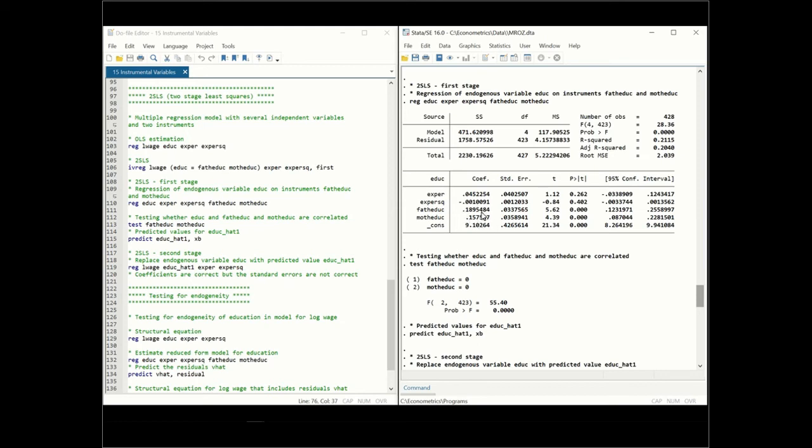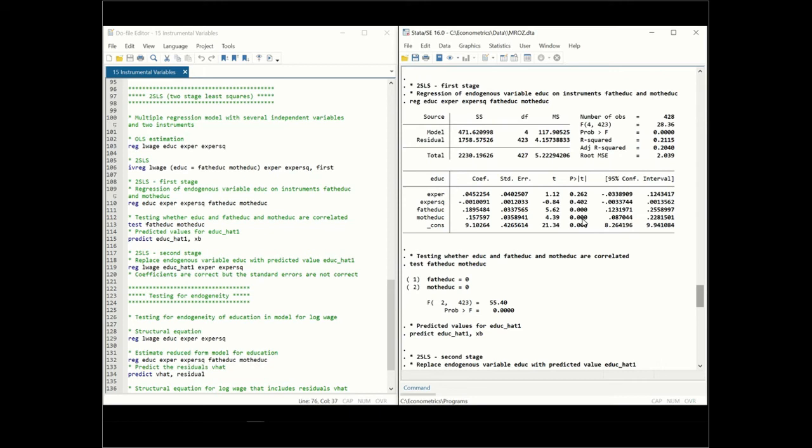Now, we can test whether father's education and mother's education is correlated with education. As we can tell, these two coefficients here, I'm looking at the p-values, are actually significant individually.